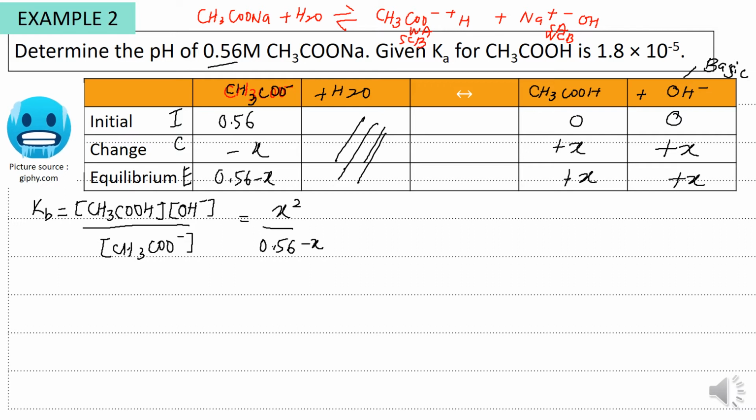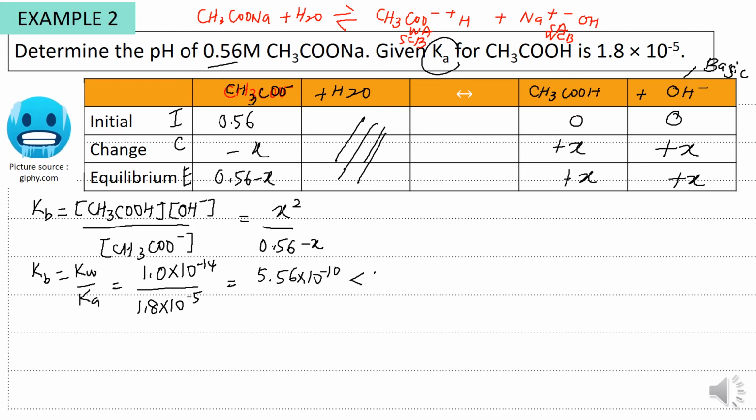So you need to find the Kb value, where Kb equals Kw over Ka. Kw is 10 to the power of negative 14, divided by the Ka value 1.8 times 10 to the power of negative 5. So you will get 5.56 times 10 to the power of negative 10. Because it's less than 10 to the power of negative 4, this minus X can be ignored.